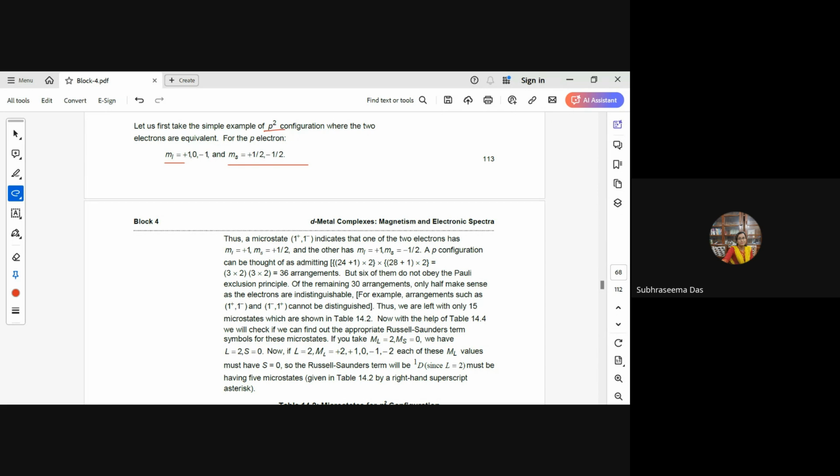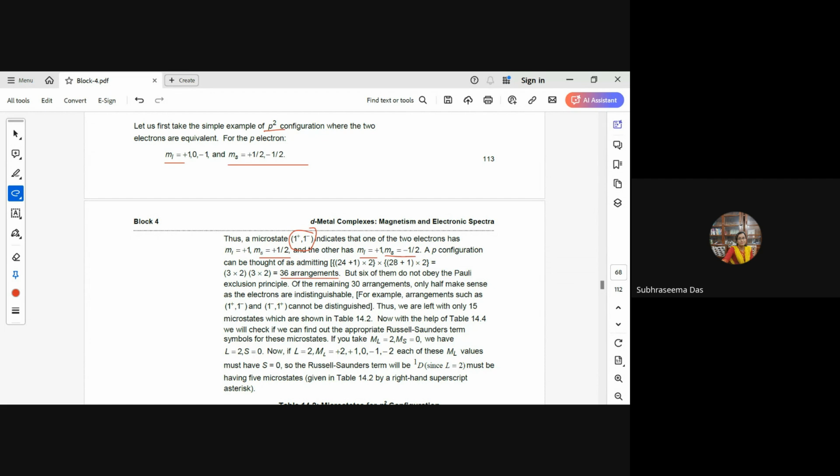For a microstate, 1 plus and 1 minus indicates that one of the two electrons has ml equal to plus 1 and ms equal to plus half, and the other has ml equal to plus 1 and ms equal to minus half. So this is the indication of this microstate. For this p configuration, 36 types of arrangements are possible.